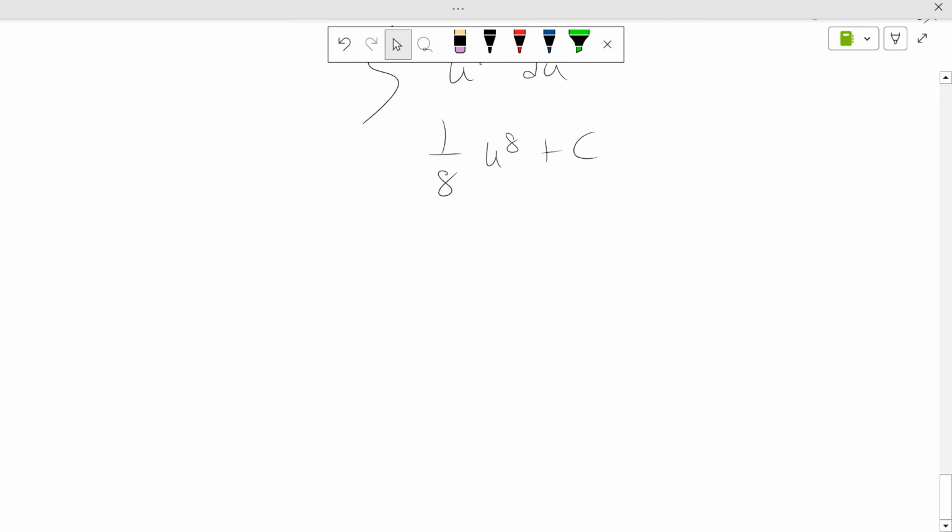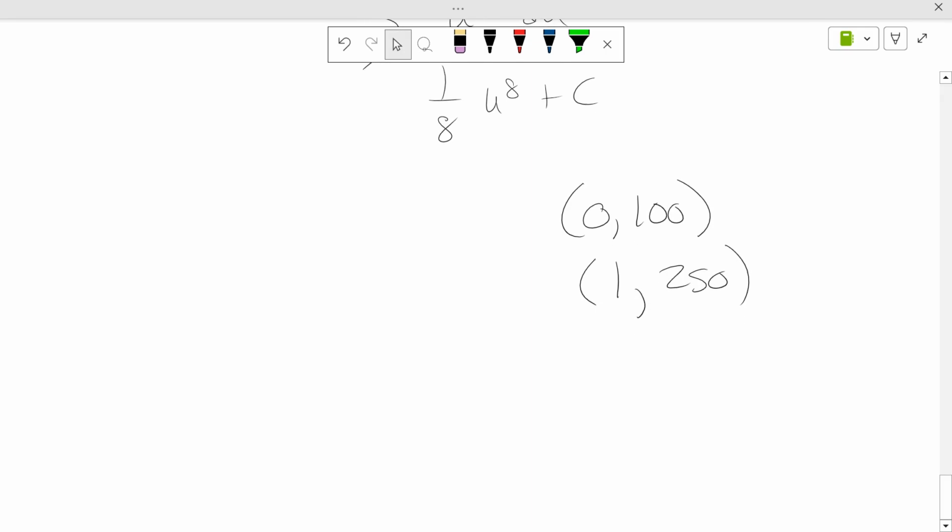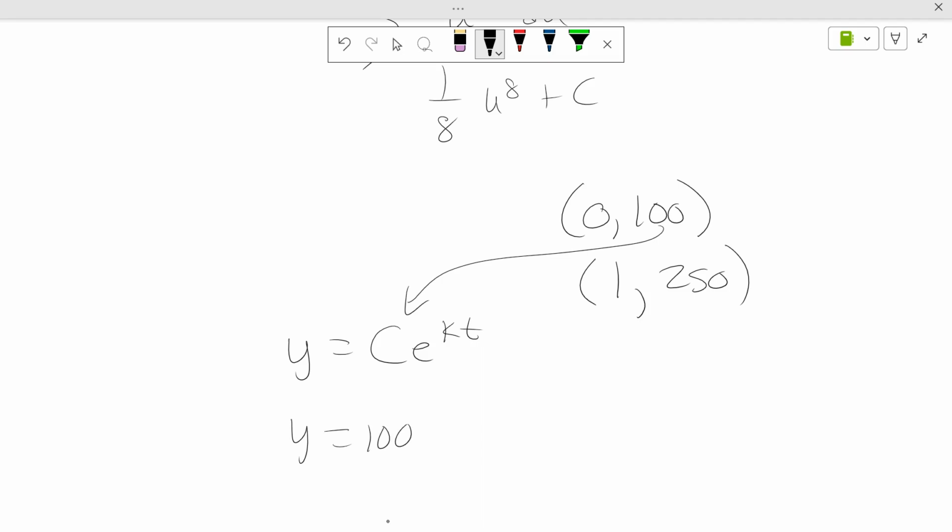Okay. A bowl of yeast initially contains 100 cells of yeast. So at time 0, it's 100. After 1 hour, so at time 1, it has 250. Okay? Find the equation for the yeast. So this is basically y equals C e to the kt, right? So we put the 100 in here. So y equals 100 e to the kt.